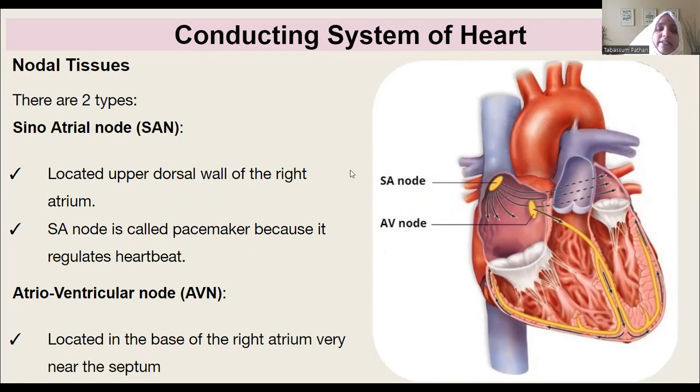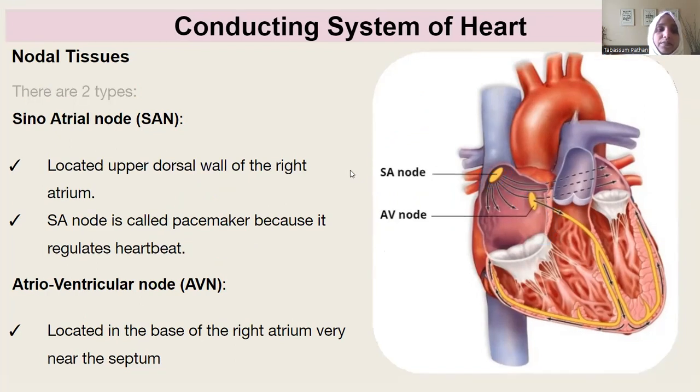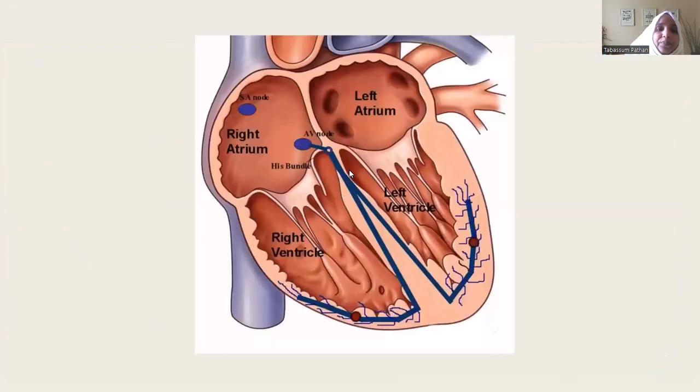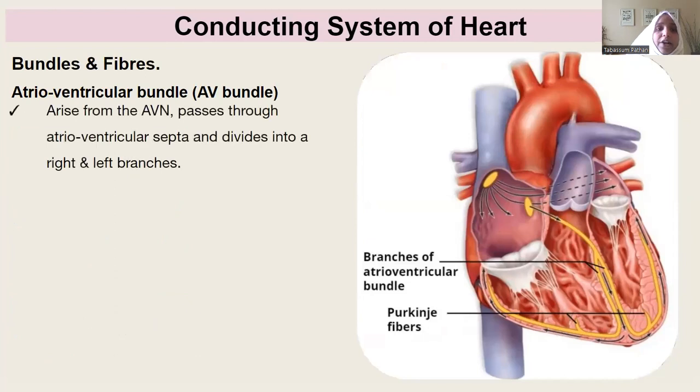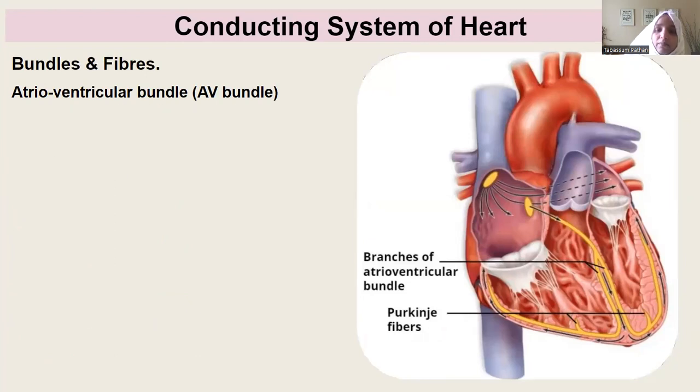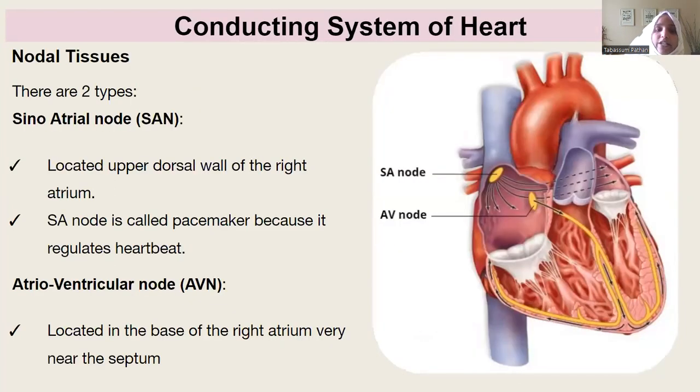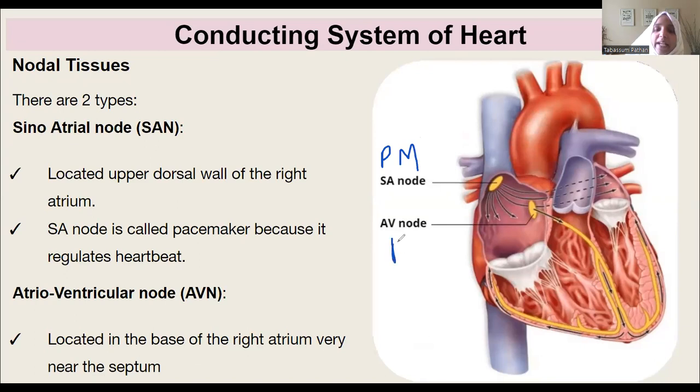The atrioventricular node is also known as the pace setter. Since the SA node is known as the pacemaker, this is known as the pace setter.